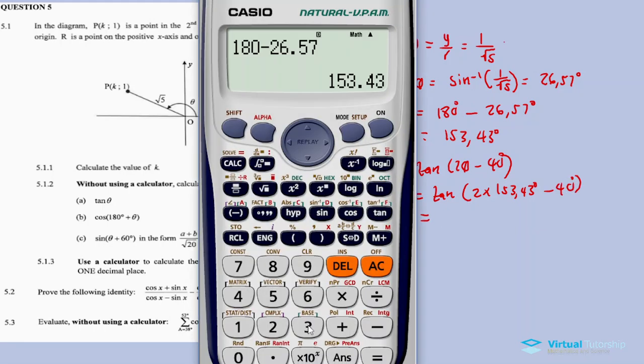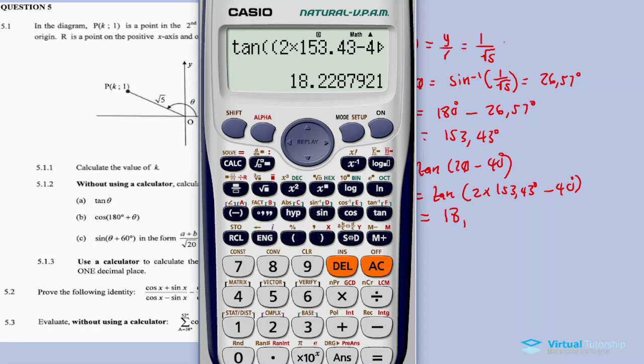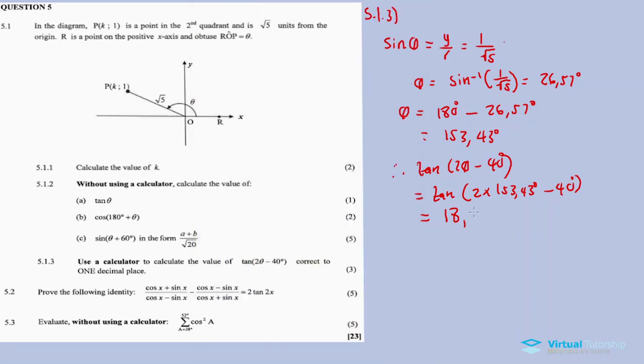So it's straightforward here from the calculator. 153.43 minus 40 degrees is equal to what? 18.2 degrees. The answer is correct to 1 decimal place.